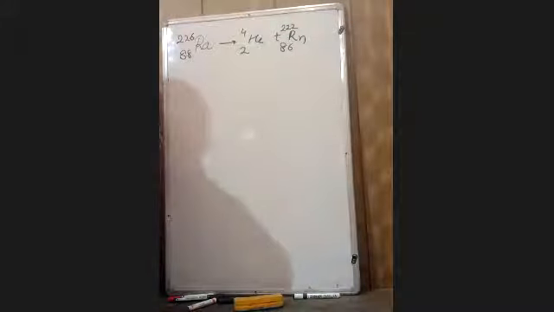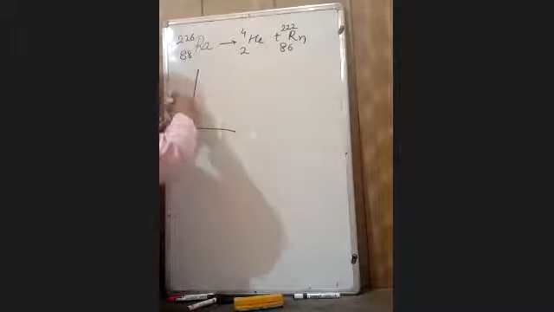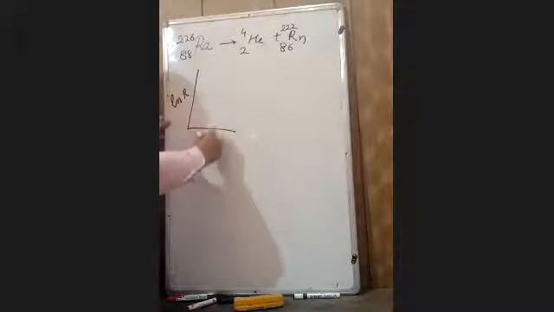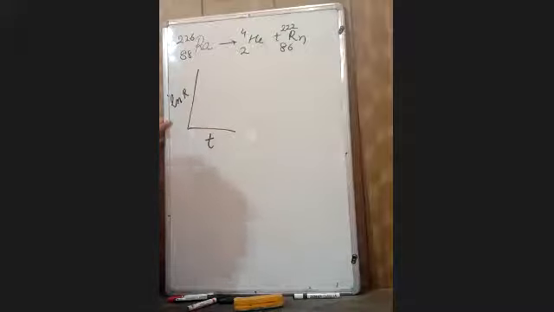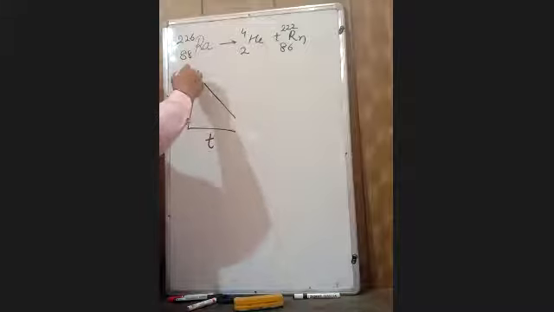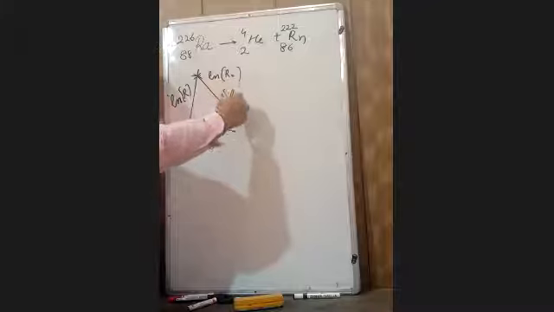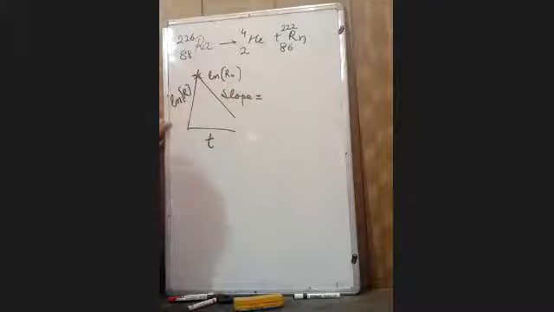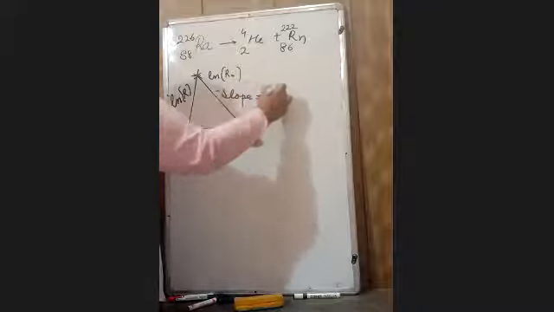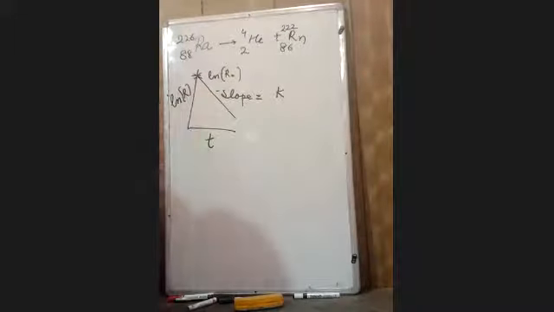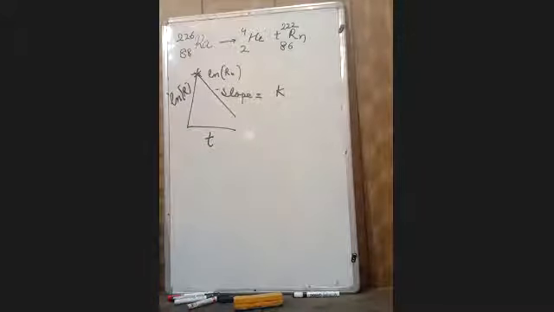Now, if I take the graph of ln of this versus time, it comes out to be this, and your intercept is this, and slope is k. Fine. This will be your graph for first order kinetics. Still if you feel any difficulty, please let me know.